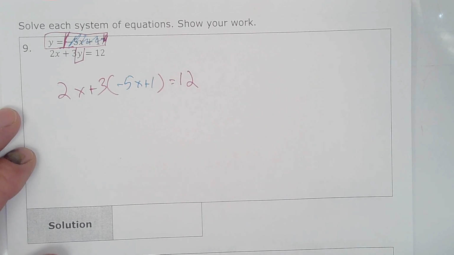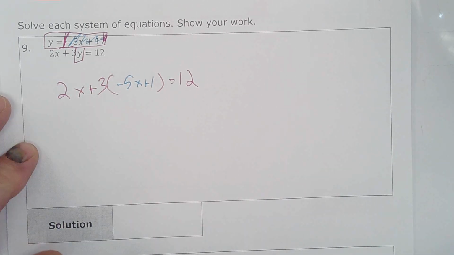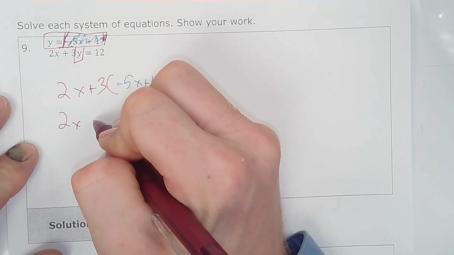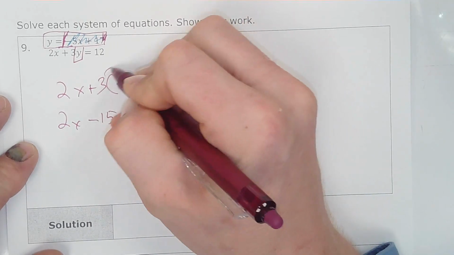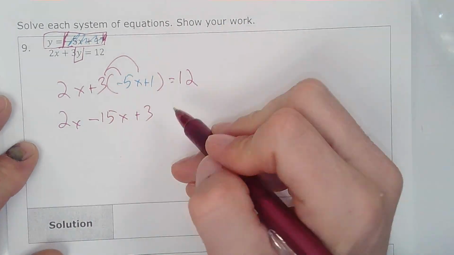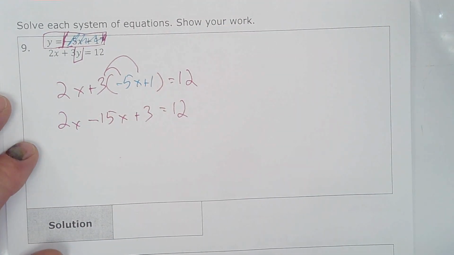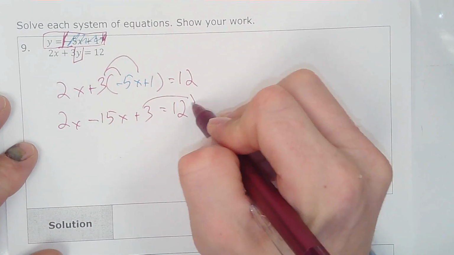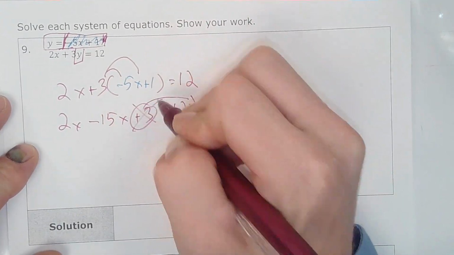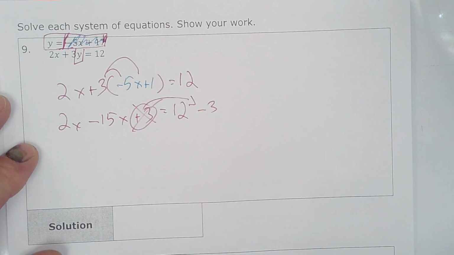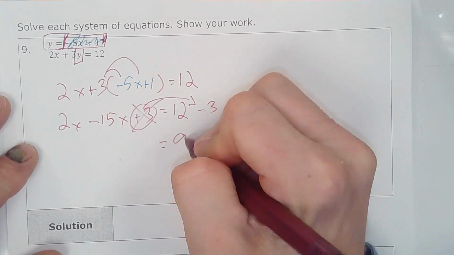Now I only have one variable in my equation and I can solve for it. 2x minus 15x plus 3 through distribution equals 12. All right. Now I'm going to move this one over here and combine them. So this becomes negative 3. All right, so 12 minus 3 is 9.